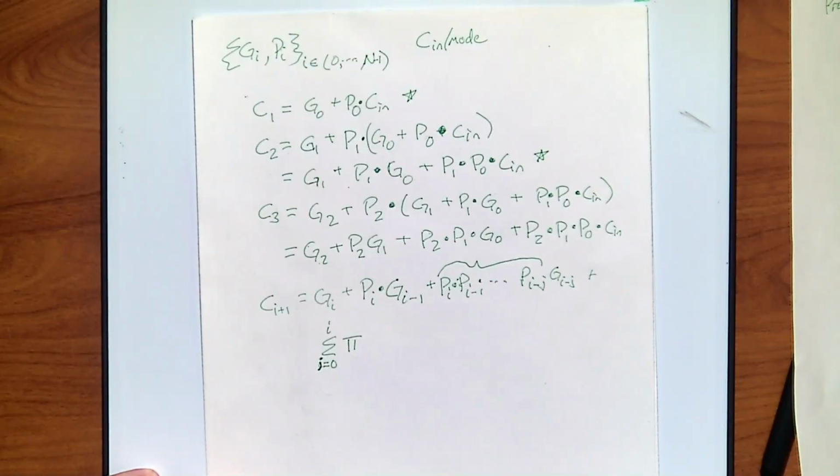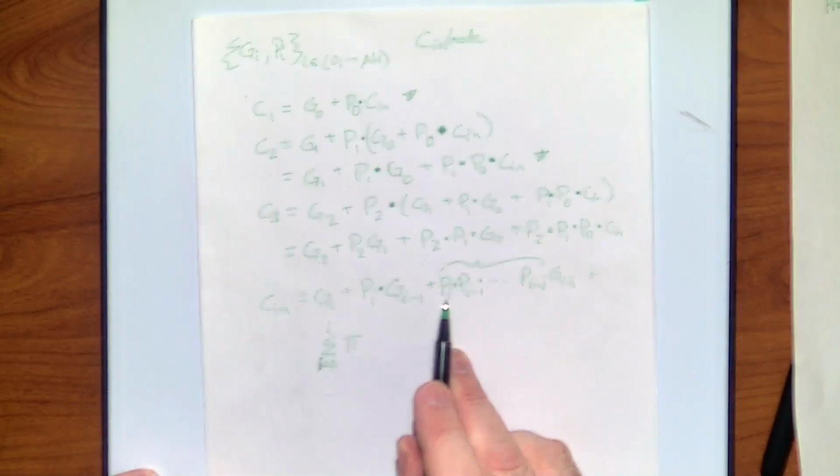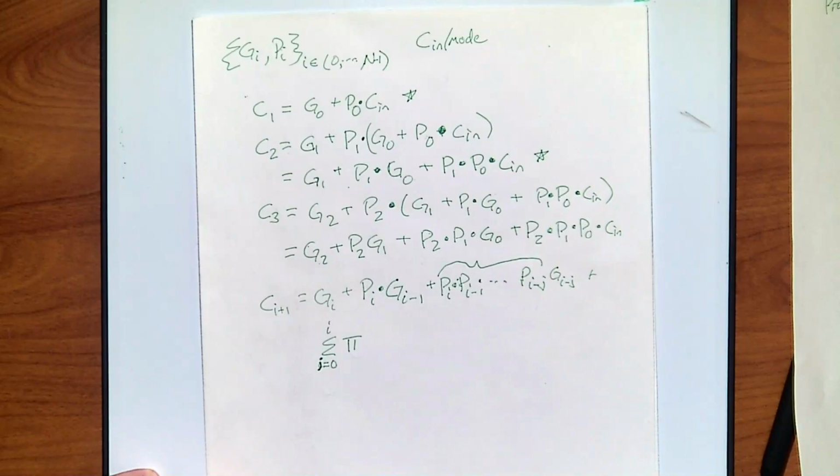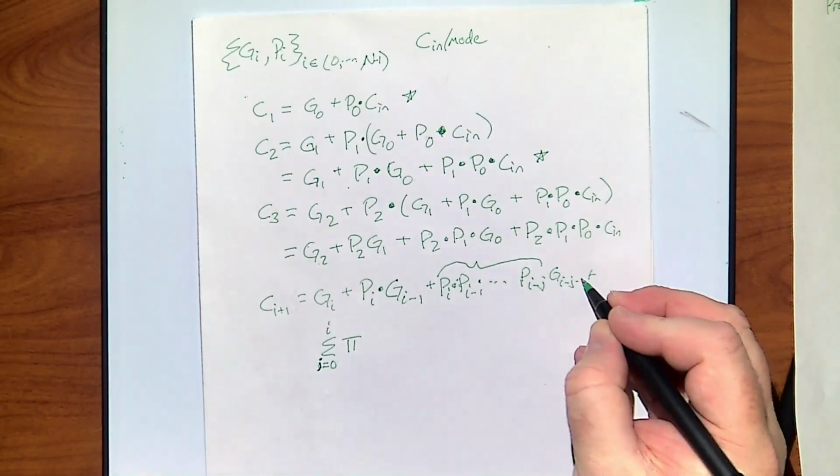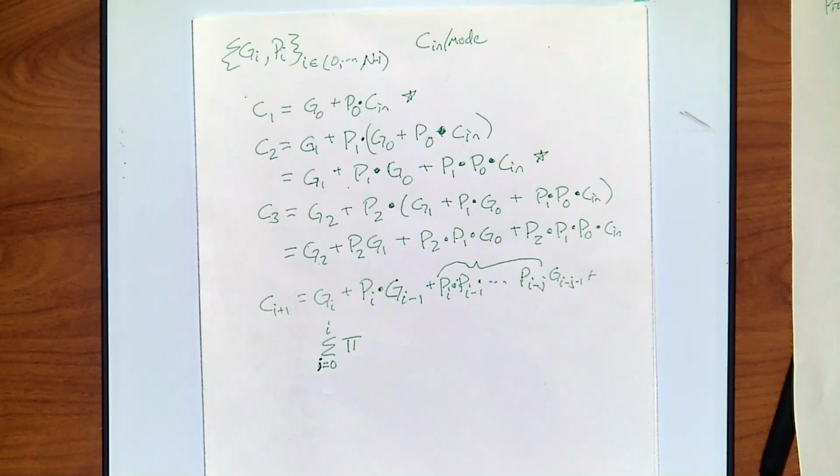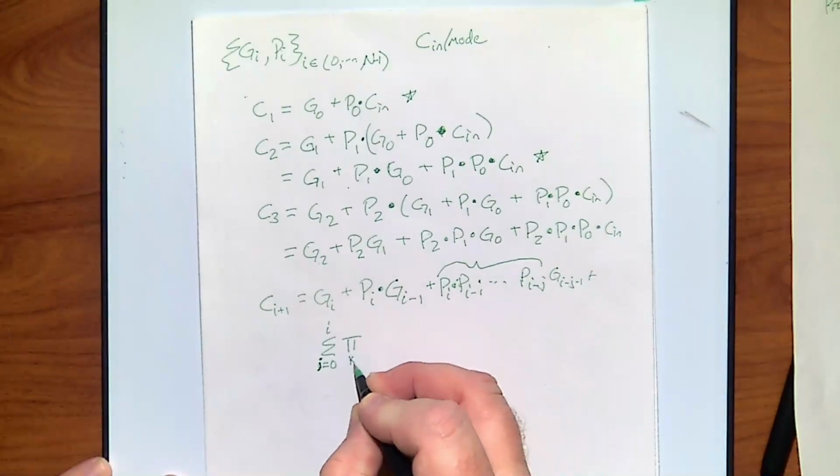All right, so this is going to run from i down to i minus j. So I need an index for this P too, right? It's going to have to multiply all those. So now I have to have a k.